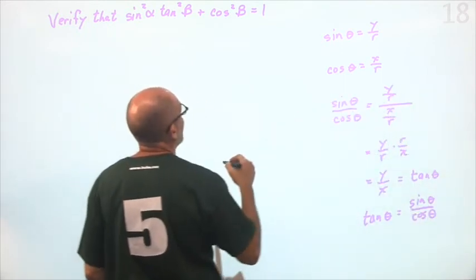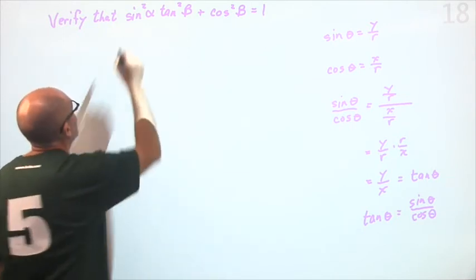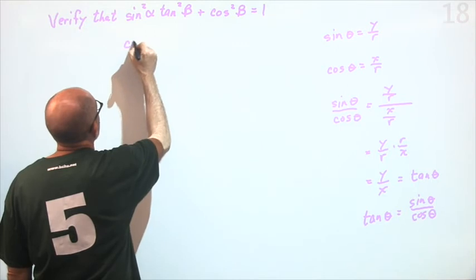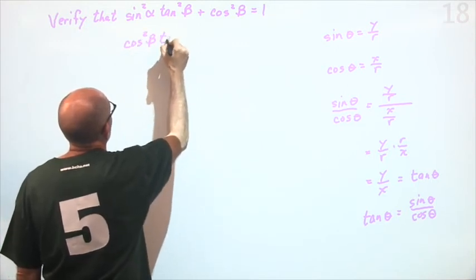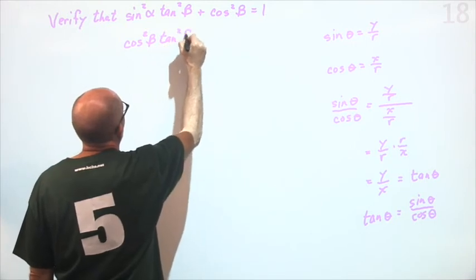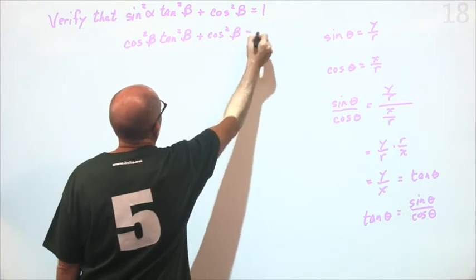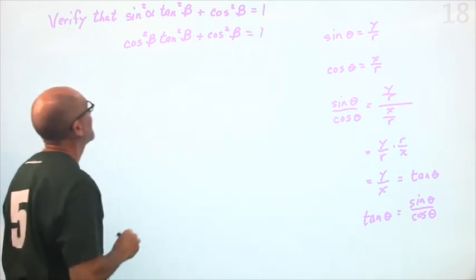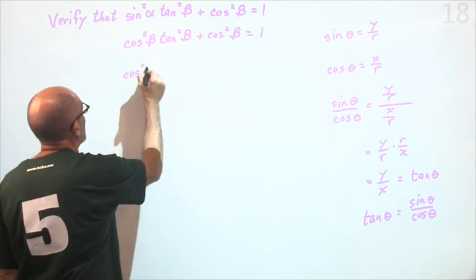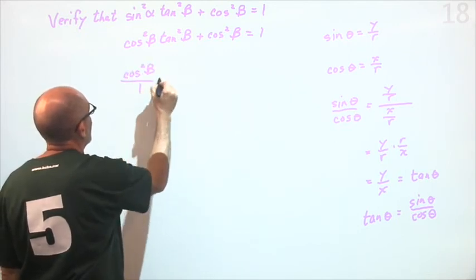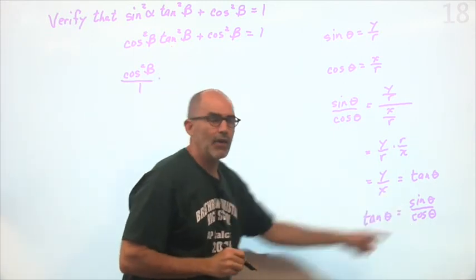See, we know that sine of alpha equals cosine of beta, so sine squared alpha equals cosine squared beta. All right, now notice we're going to use the cosine squared beta over 1 times tangent beta, which is sine beta over cosine beta.